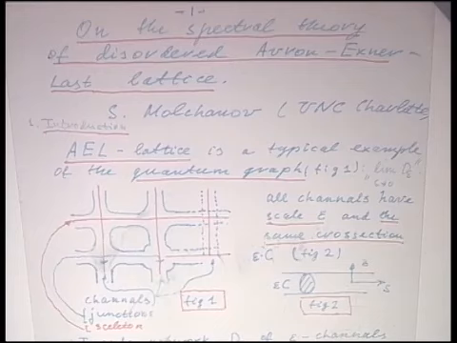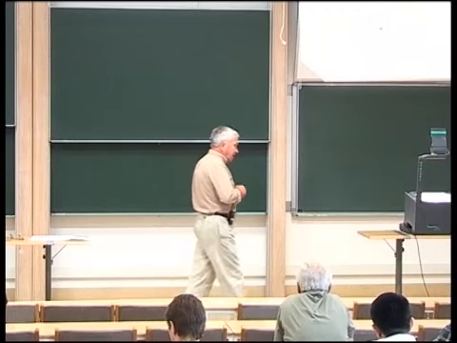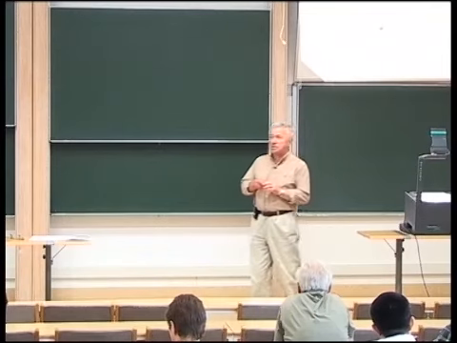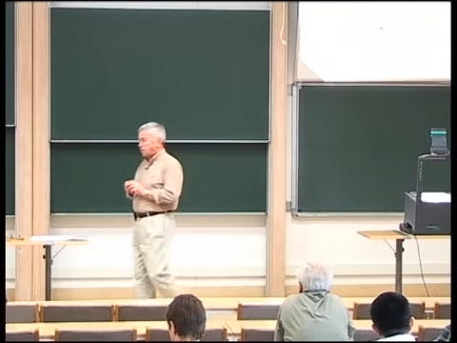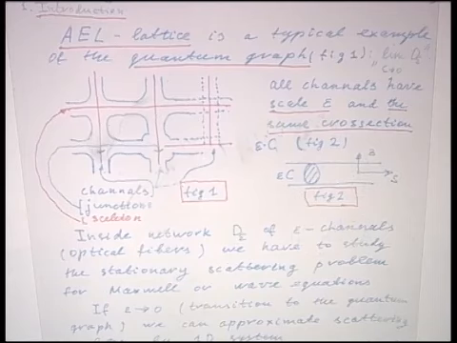Assume that all the cross sections are the same, epsilon times c, but the channels are connected by junctions. The junctions have in reality different structures, and this is an essential physical problem, how to connect together several channels, 2, 4 or more.